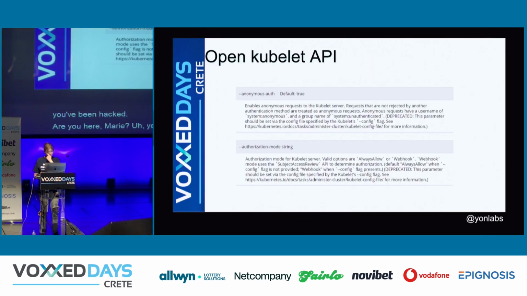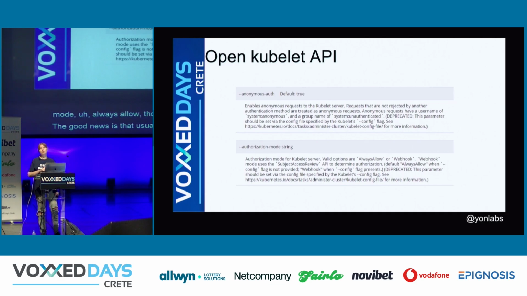So that was our first demo, and we had several problems here. The first one was the open Kubelet API. And if you take a look at the Kubernetes docs, you see that those are the defaults: anonymous authentication and authorization mode AlwaysAllow. The good news is that usually you don't install Kubernetes manually.